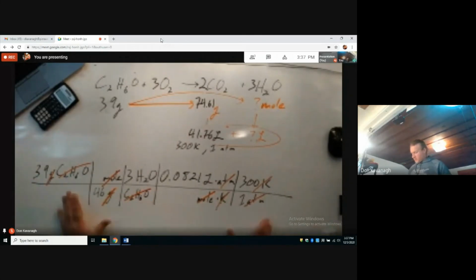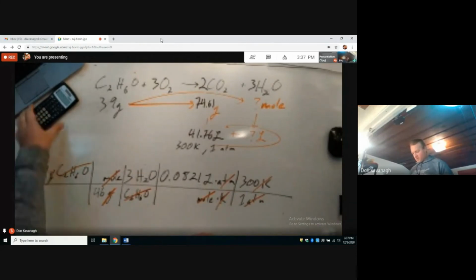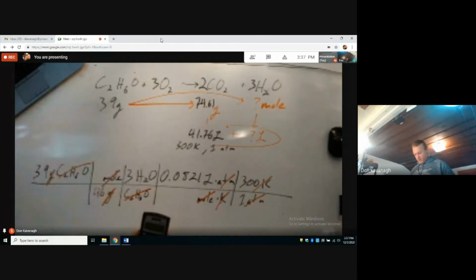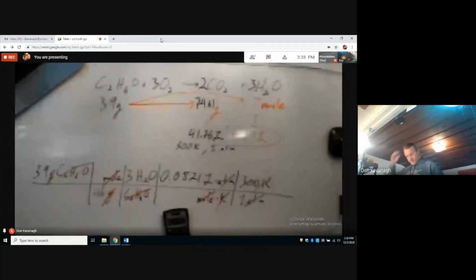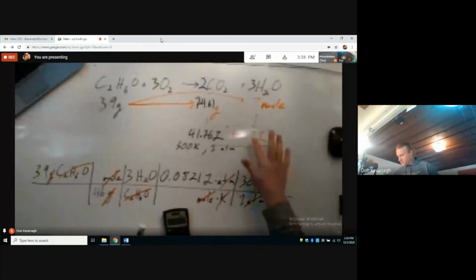Note that everything cancels out except for liters and water. So when we punch our numbers up here, we're going to get the volume that gas would occupy, 62.64 liters.